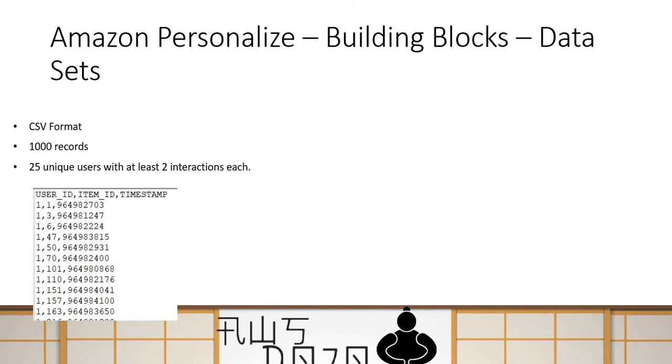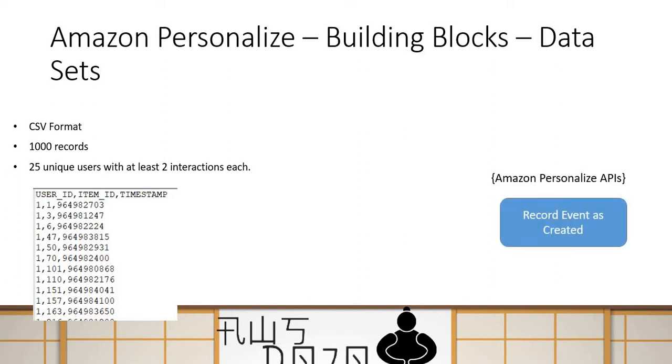So how can you provide this data? There are basically 2 ways you can provide this data. And Amazon Personalize is very interesting in the sense that it provides you some APIs to actually stream data in. So for instance, suppose you have a website and people are coming and purchasing their things from the website, and you want to stream the data in for such recommendation analytics purposes, then you can create your events, record your events as they are created.